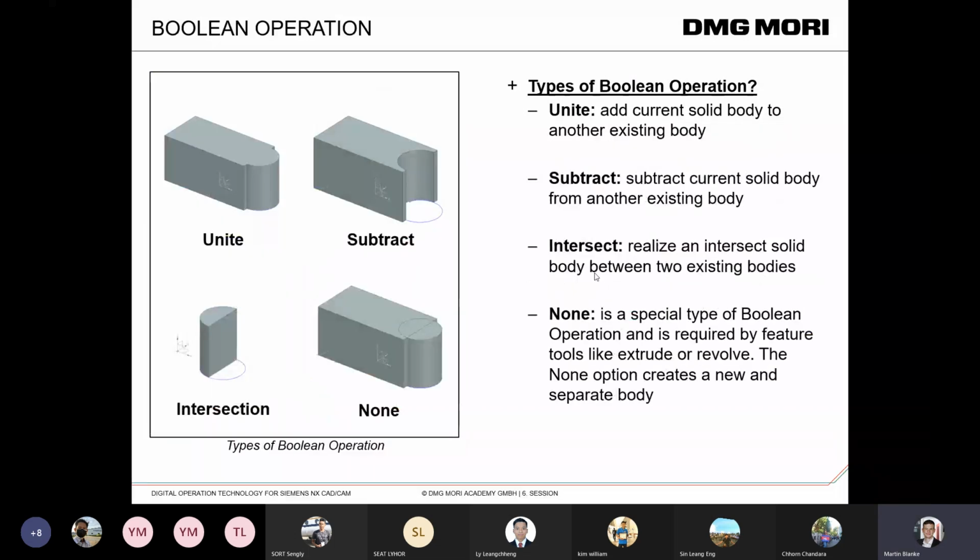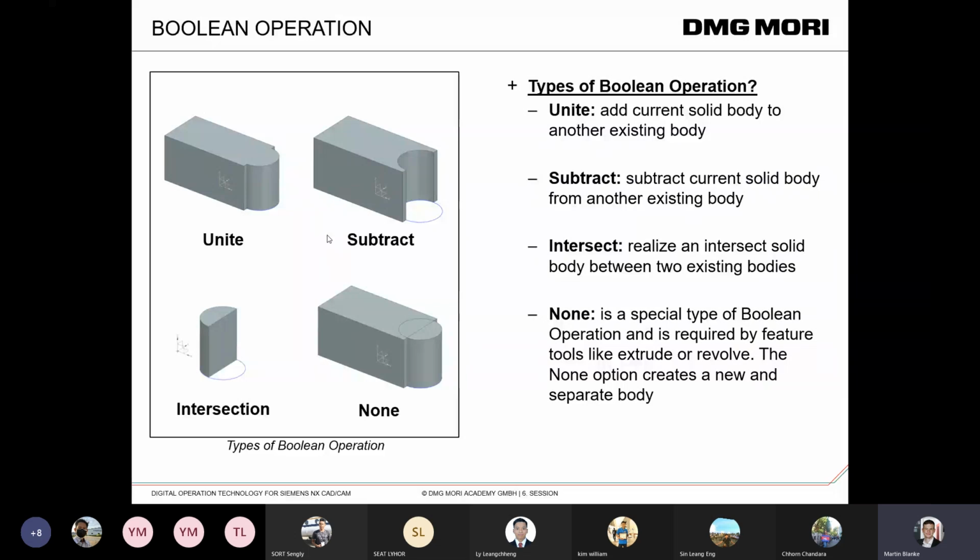So what types of Boolean operation are available? More or less, you can find 4 types of Boolean operation in Siemens NX. The first one is unite, which you can see on the top left side. For a Boolean operation you always need 2 bodies, and with the unite function you can add a current solid body to another existing body.